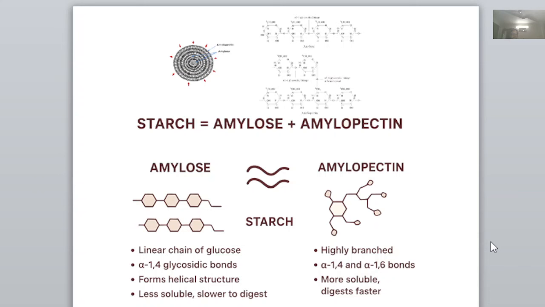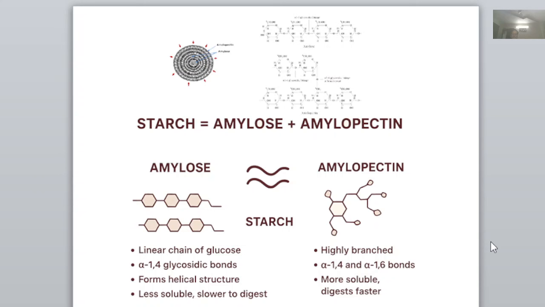Of course it is starch, and once we are saying it is amylose, it has alpha 1,4 glycosidic bonds, and amylopectin has 1,4 and 1,6 glycosidic bonds at branched positions.